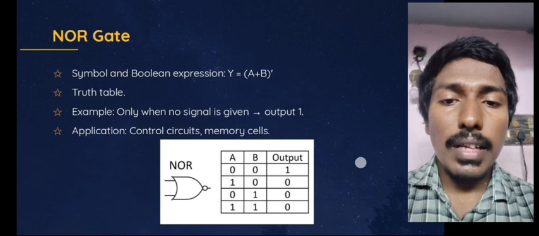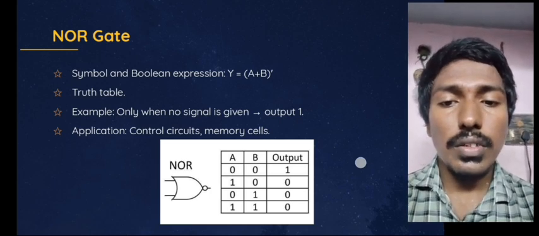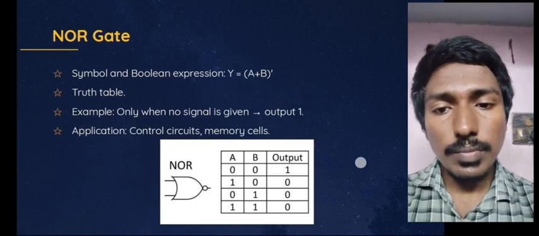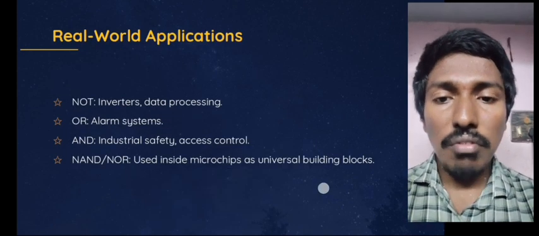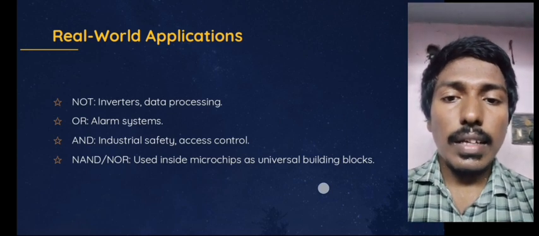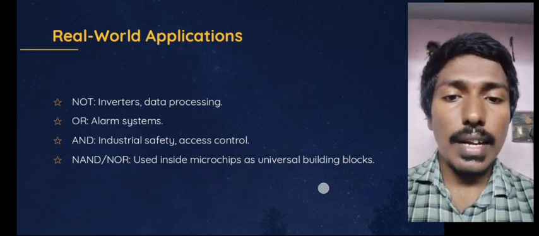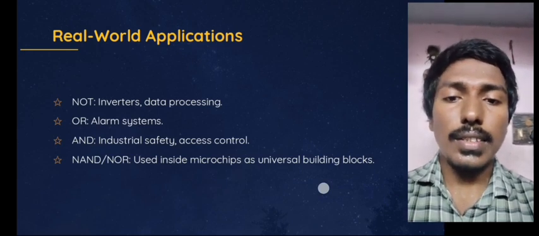NOR gate applications: memory cells, memories, control circuits and many other things. Real world applications of these gates: the NOT gate we use in inverters, data processing, etc. How does the inverter invert?